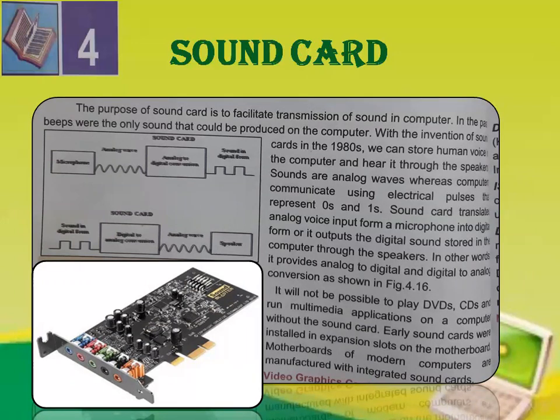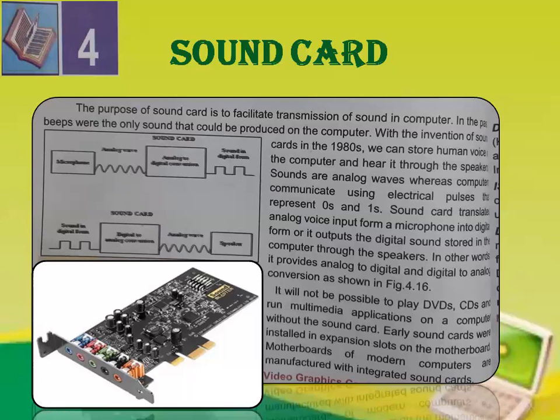The sounds are analog waves, whereas computer communication uses electrical pulses that represent zeros and ones. Always remember that our voice signals are in the form of analog signals. They vary. When we are speaking, sometimes we are loud and sometimes our pitch is low, so it varies from lowest to highest value.